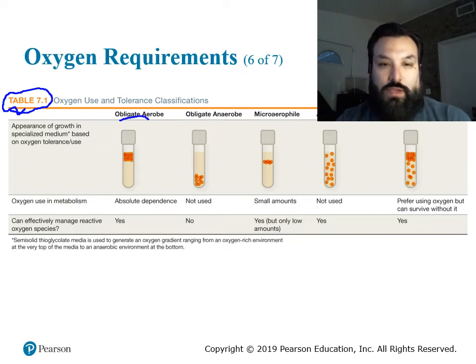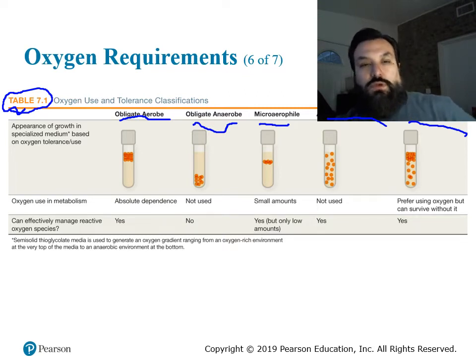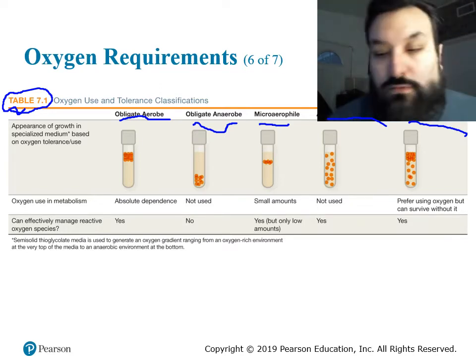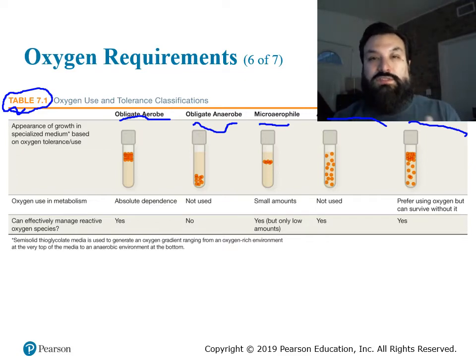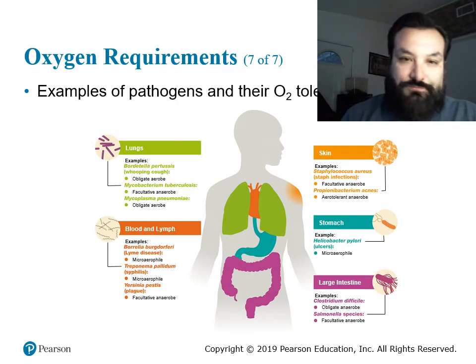Obligate aerobe, obligate anaerobe, microaerophile, aerotolerant anaerobe, facultative anaerobe, right? And because you see the growth in different parts of the tube, this is going to tell you if they use oxygen, they don't use oxygen for metabolism, or can they tolerate? Okay, so a good table to look at to review for these terms here.